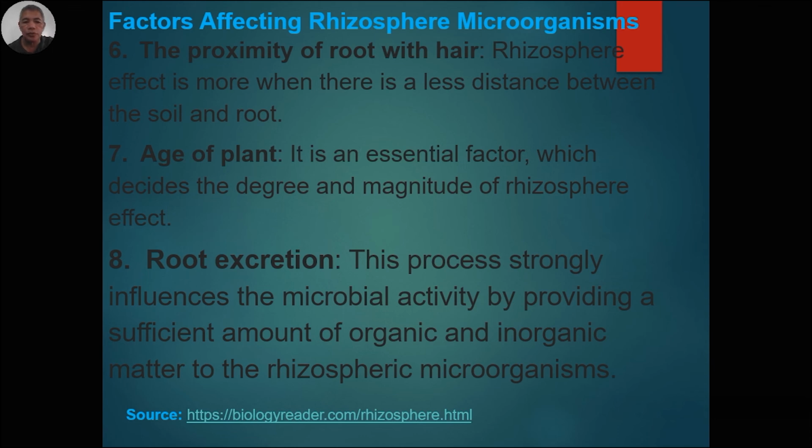Rhizosphere effect is more when there is less distance between the soil and root. Another is age of plant. It is an essential factor which decides the degree and magnitude of rhizosphere effect.